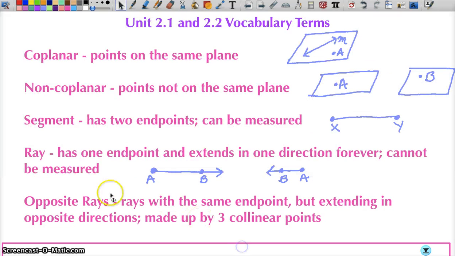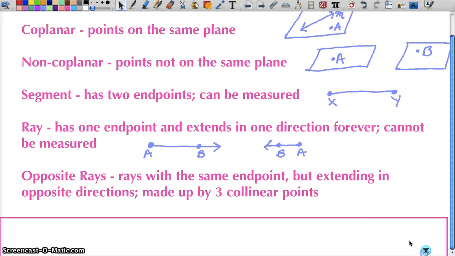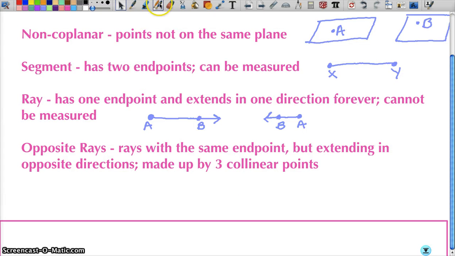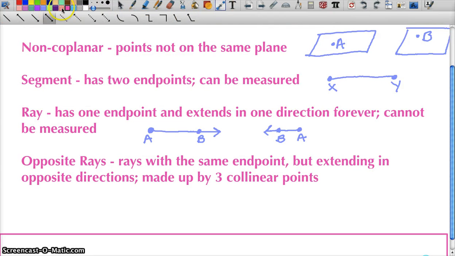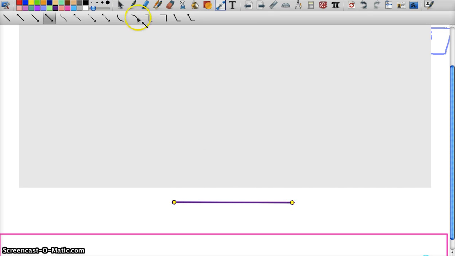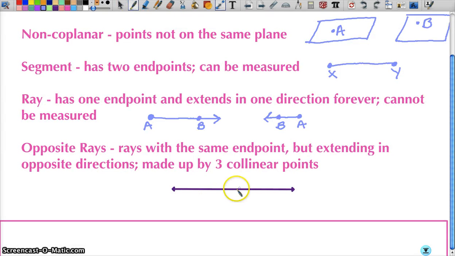Then we have opposite rays. And so opposite rays, they have the same endpoint but extend in opposite directions. And so what that would look like is basically a line. So let me go ahead and make a line. All right, so we've got a line and we've got to have 3 points on it because we need a ray.